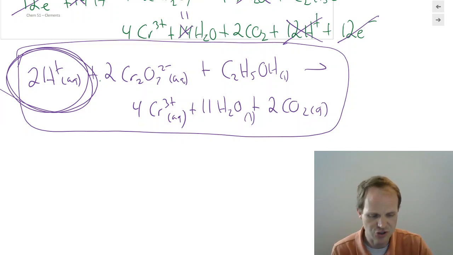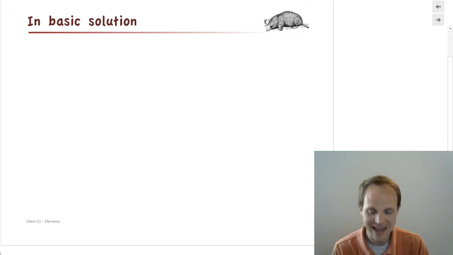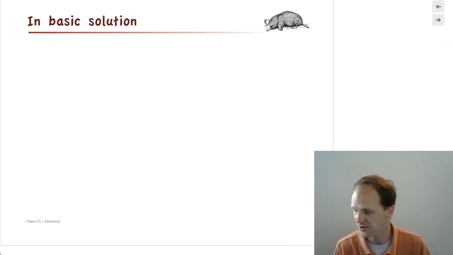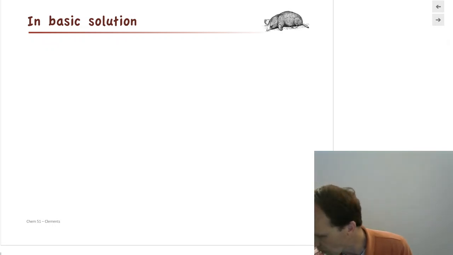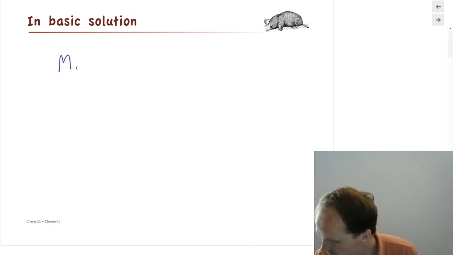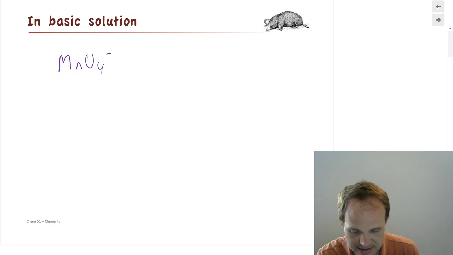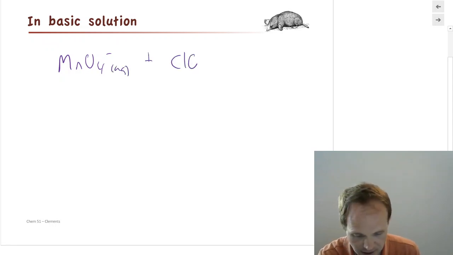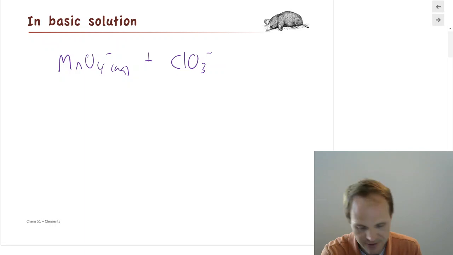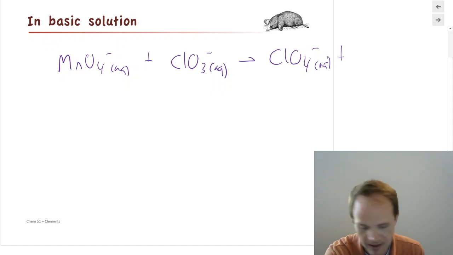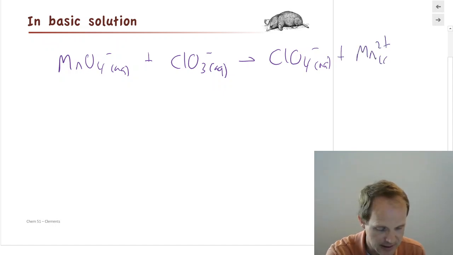Okay, so I'm going to just do this example first, and then I will tell you what the step that we add is, as opposed to telling you the step first. All right, so what we're going to do is balance some MnO4- aqueous, and some ClO3- aqueous, and we're going to balance that to ClO4- aqueous, and Mn2+ aqueous.